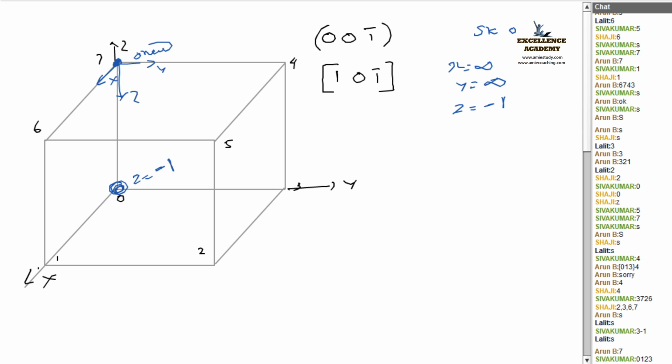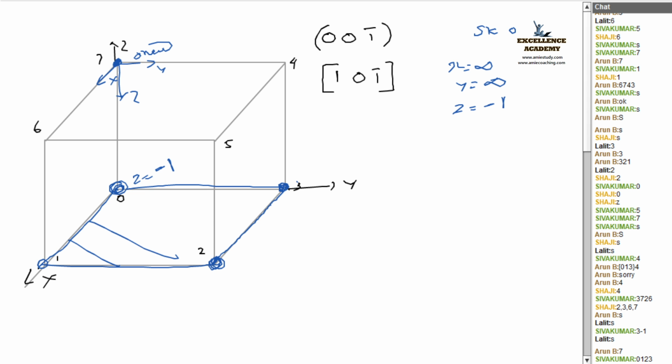What to do next? You have to draw lines parallel to x and y, isn't it? So I drew a line parallel to y first. I got the point 3, then x, then I got the point 1. Next, from these obtained points, you have to draw lines parallel to the infinite axis. I got 2. From 1 also I drew, I got 2.